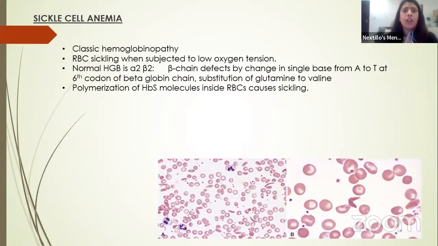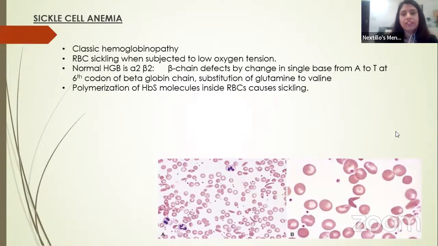So this sickling normally is not very prominently seen unless there is some kind of problem which is causing reduced oxygenation. Either there is reduced oxygenation via the lungs, or there is some kind of cold exposure which is causing vasoconstriction, and hence blood is not able to reach back to the lungs properly. But there are repeated episodes of sickling, and when a normal amount of oxygen comes back, the cells will come back to a normal shape.